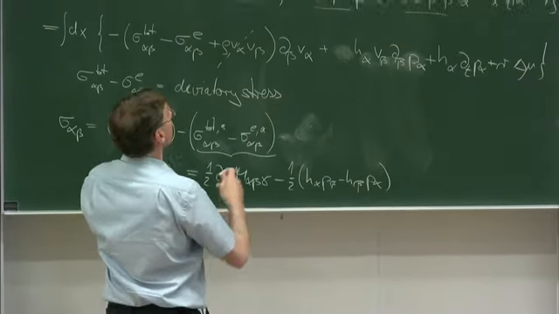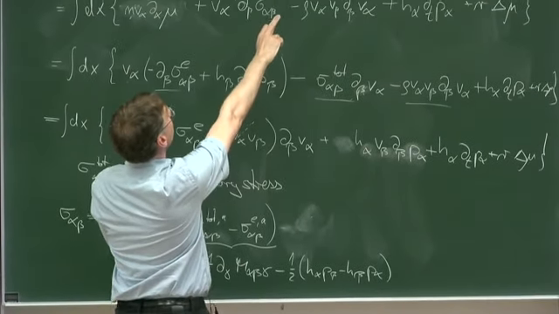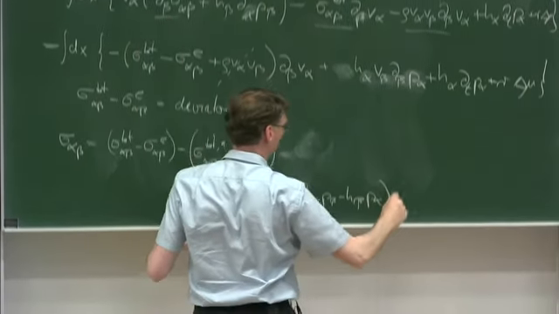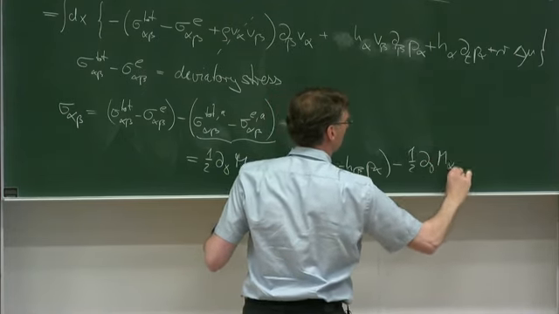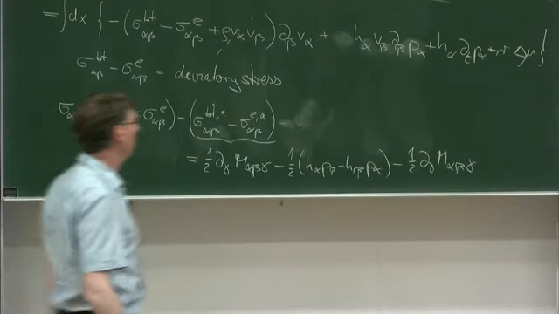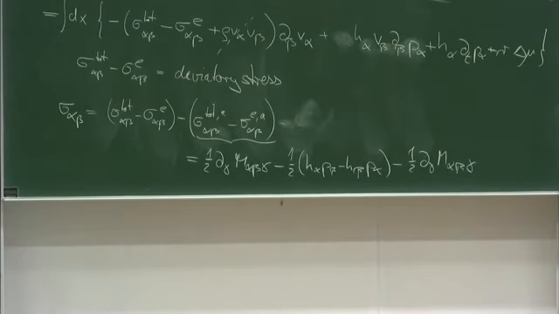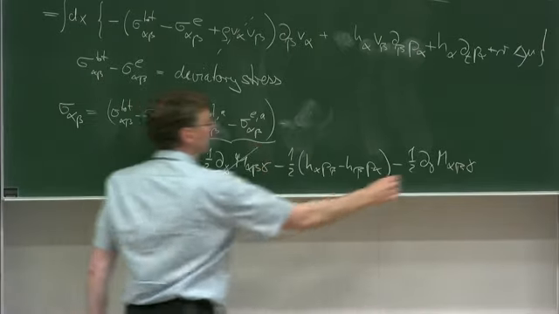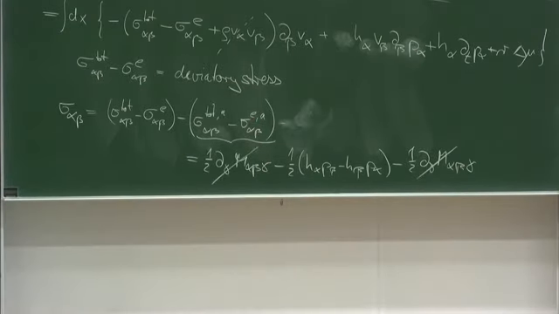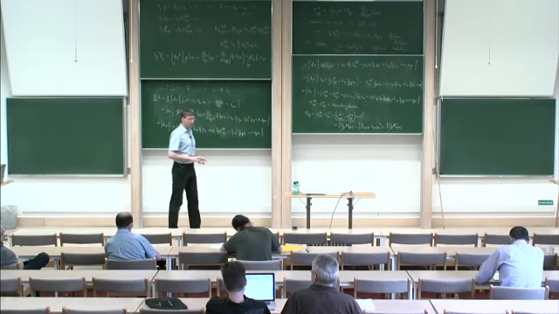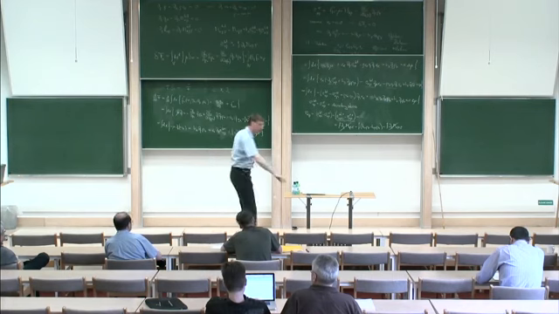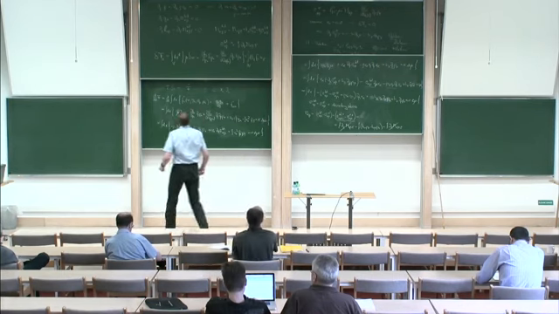And then here's a plus, so it's another minus 1/2 d gamma m alpha beta gamma. And now magic happens, and that is that these two terms cancel, and the antisymmetric part is given only by this term. Well, that's nice. Why is this nice? Well, you will see why it's nice in a second.